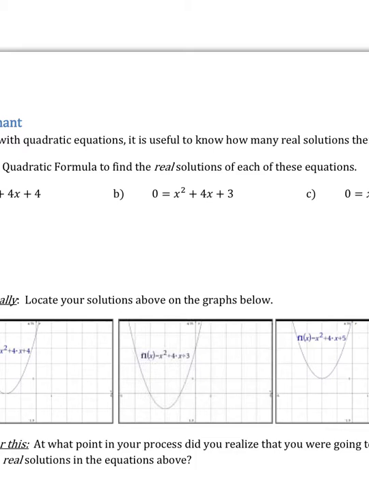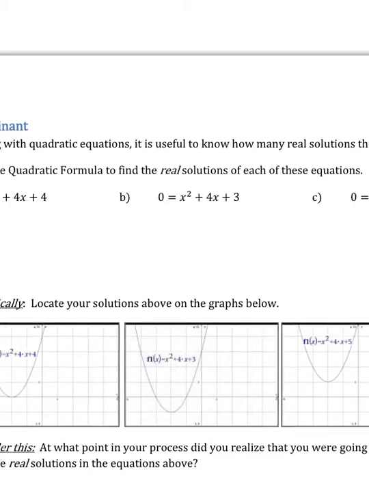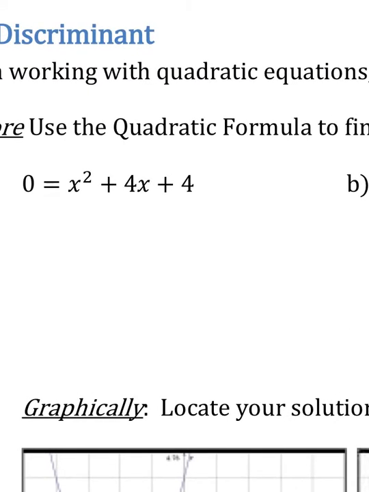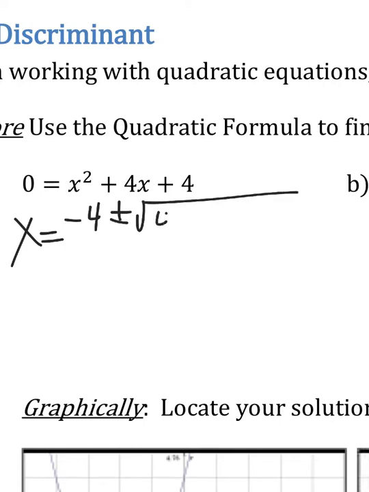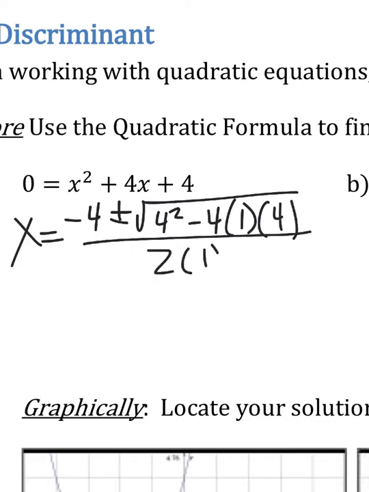So if we use the quadratic formula here, we want to figure out how many real solutions we get. Well, let's do a quick version of this, not to drag it out. x equals negative b plus or minus square root of b squared minus 4ac, all over 2a.